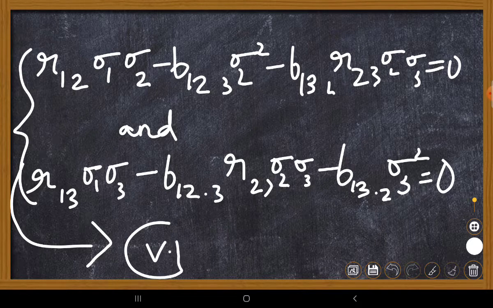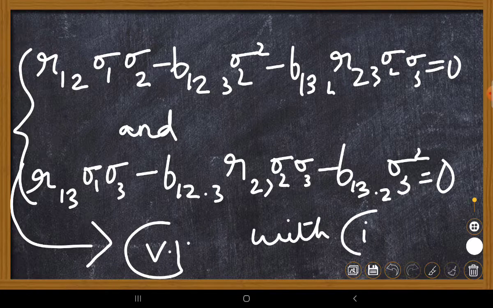So we are going to solve this using the determinant method, okay? We are going to represent this equation using determinants, okay? So we have to eliminate the coefficients b12.3 and b13.2. So we have to compare this equation with equation 1.